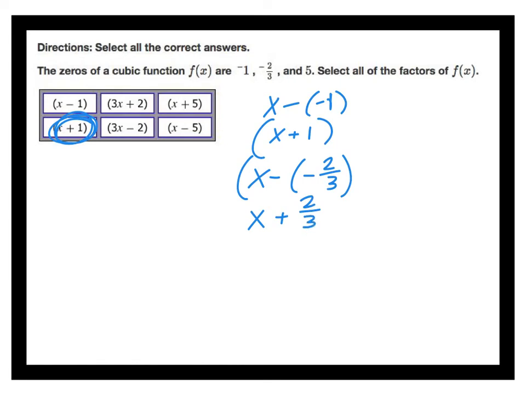We rewrite that as x plus 2/3, and then we're going to multiply both terms by 3 to get rid of that fraction. 3x plus 2 is our second factor. And then the last one, x minus 5, and that's our third factor. So the zeros, reverse the sign, put them in that binomial, that's your factor.